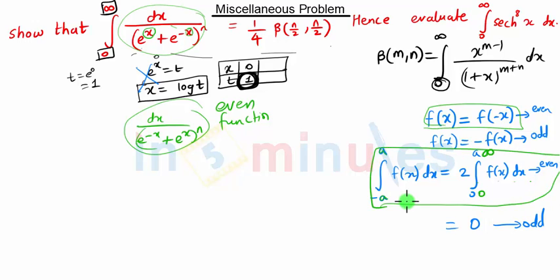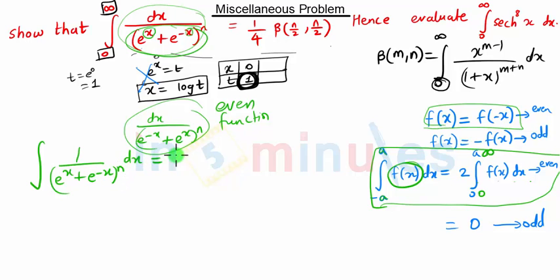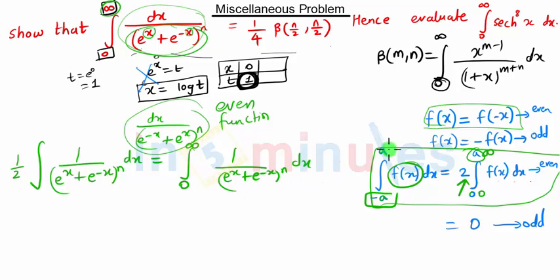Why we are using this? Just see. So here we have integration of f of x. What is f of x? F of x is this term, that is 1 upon e raised to x plus e raised to minus x the whole raised to n into dx, equivalent to 2 times this. So I am taking 2 here, so it will be half. Integration of 0 to upper limit infinity, into f of x, that is this term, the whole raised to n into dx. And here we write upper limit, that is infinity, and minus of upper limit, so minus infinity.